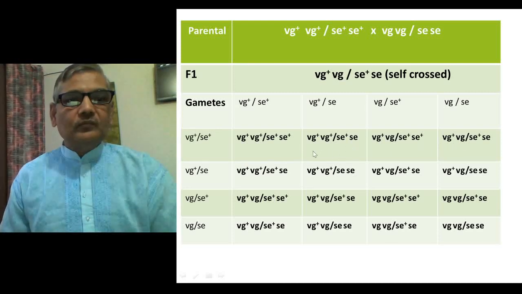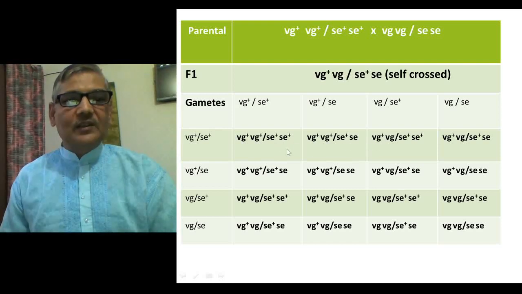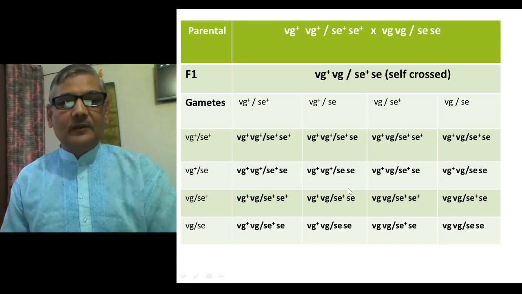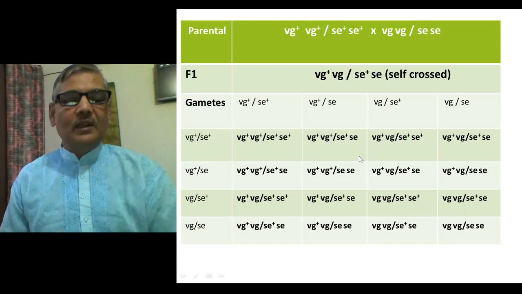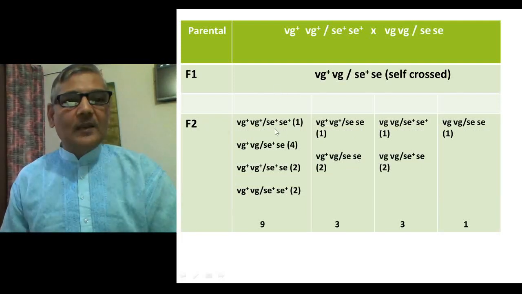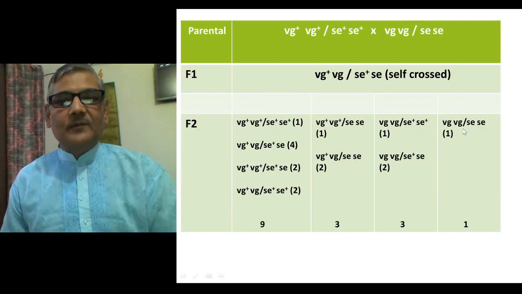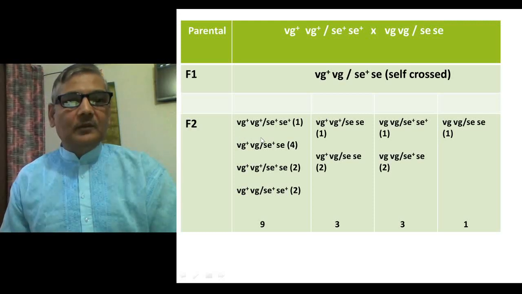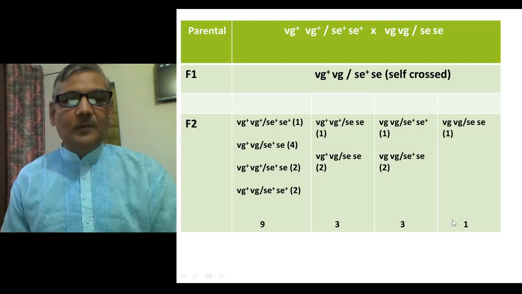When you analyze the genotype of these F2, because this is actually showing the F2 result, you will find in this diagram that the F2 types will be 4 different types. Actually, the number-wise 9:3:3:1 ratio will be obtained if you look at the phenotype.